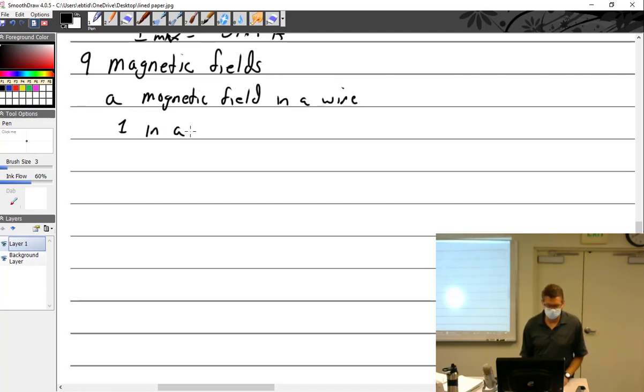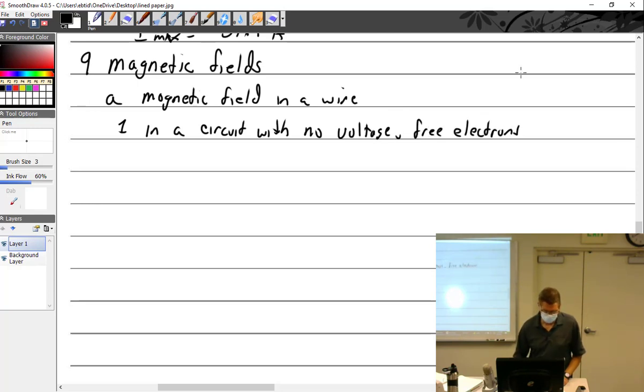So in a circuit with no voltage, free electrons randomly move about, kind of like a 309 student, randomly move about.